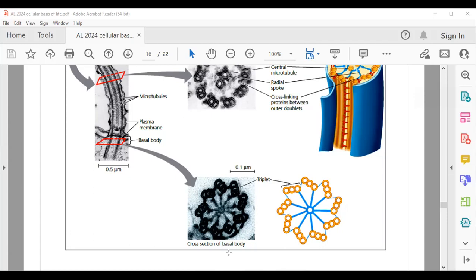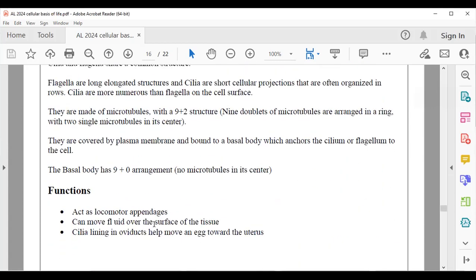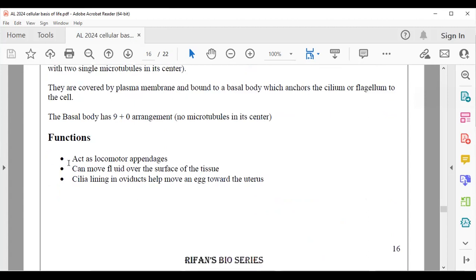Cilia are short and flagella are long. What is the first function given to you? They act as locomotor appendages, locomotor structures.